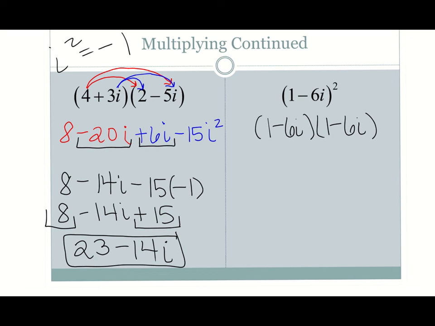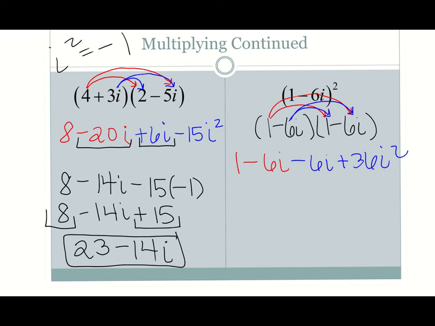So if I multiply in 1, I have 1 times 1 and 1 times -6i. So I have 1 minus 6i. If I multiply in -6i, I have negative 6i times 1, which is negative 6i. And negative 6i times negative 6i, which is positive 36i squared.